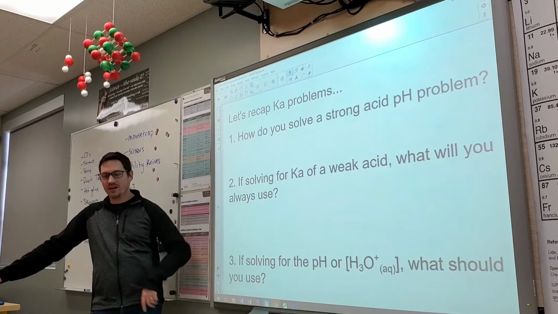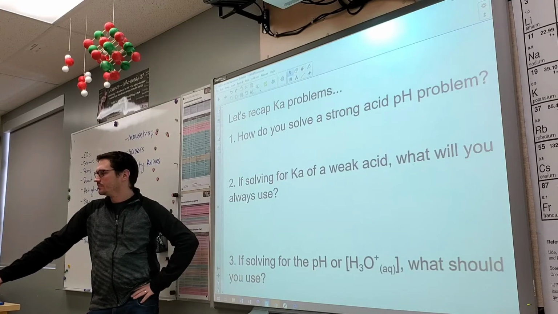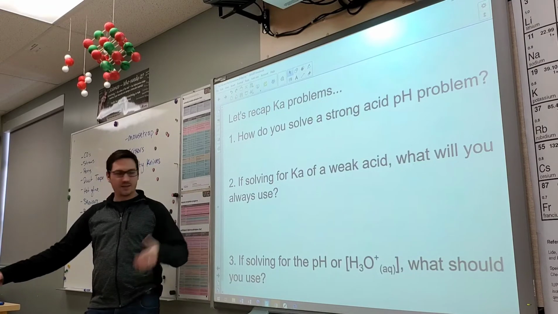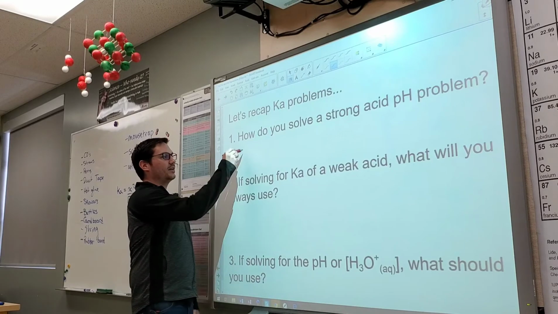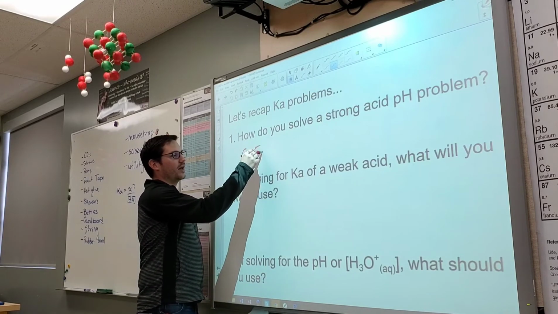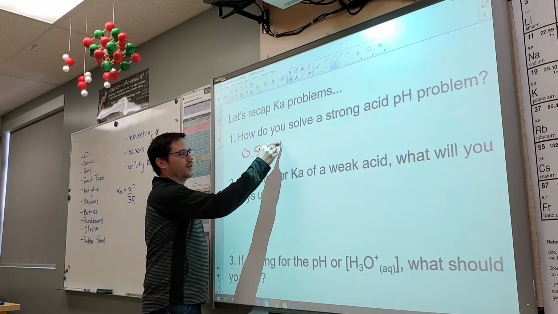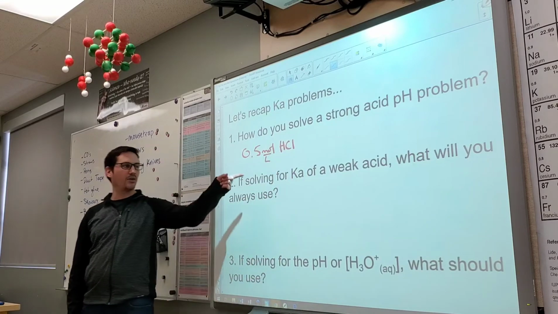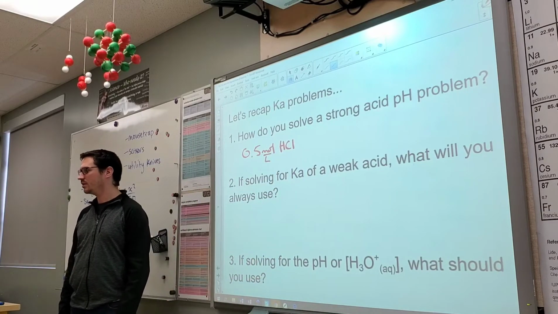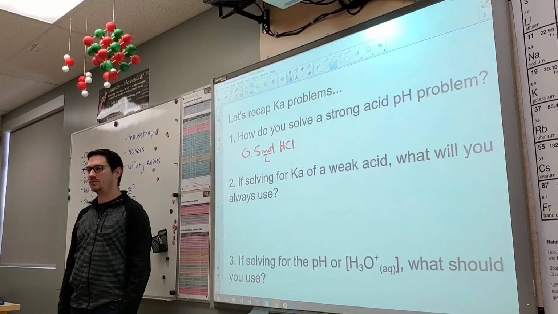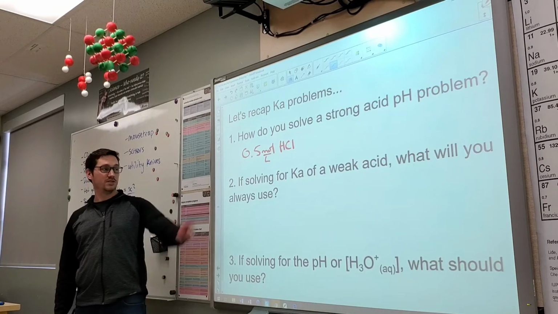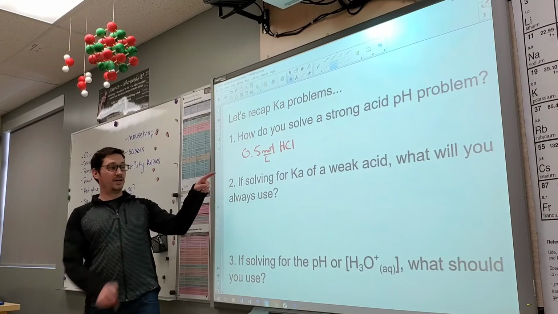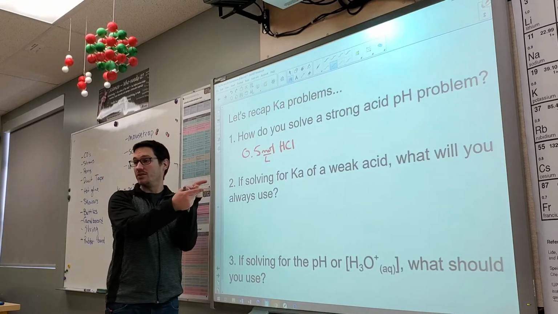How do you solve a strong acid pH problem? Like, let's say I had 0.5 mole per liter of HCl. How could you get the pH out of that? You have to react this with water, so I get the hydronium. So this is the hydronium concentration, right?